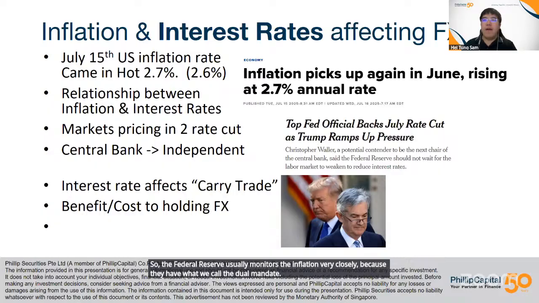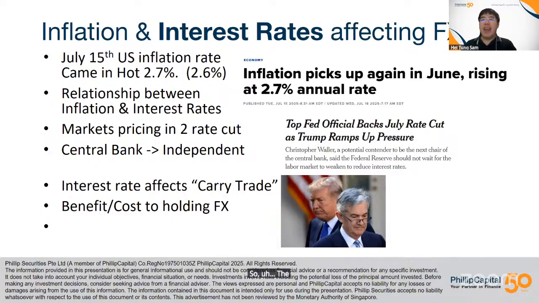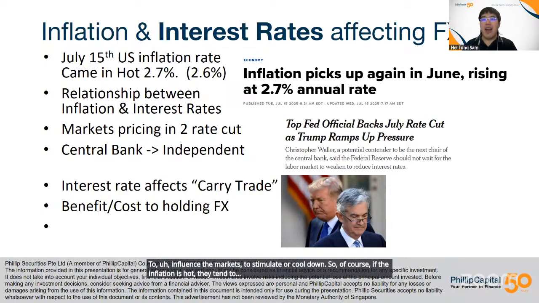The Federal Reserve only cares about two things: one is inflation, and the second is employment. If either is in critical condition, be it very high or very low, they will do something by adjusting interest rates to influence the markets to stimulate or cool down. Of course, if inflation is hot, they tend to keep interest rates higher for longer.